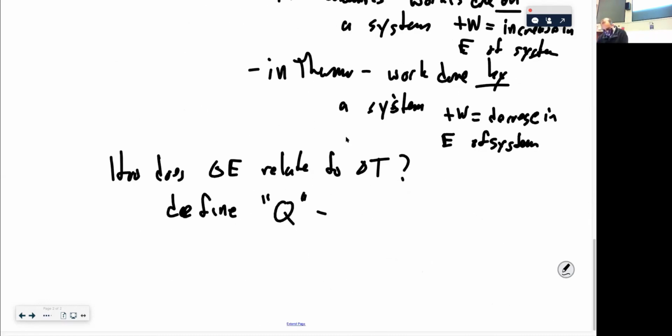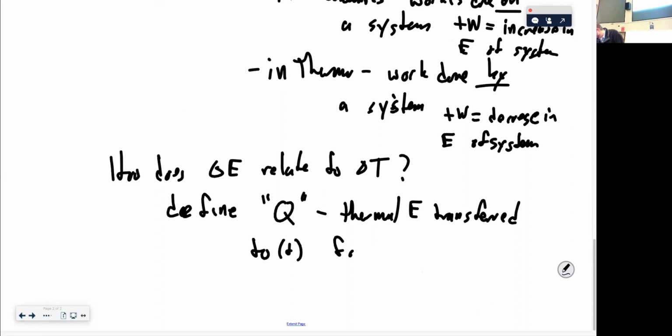How much thermal energy transferred to or from the system, to positive or from negative the system.